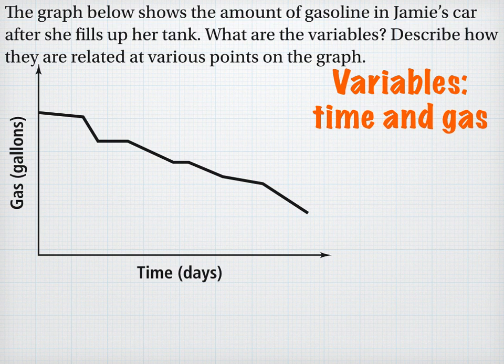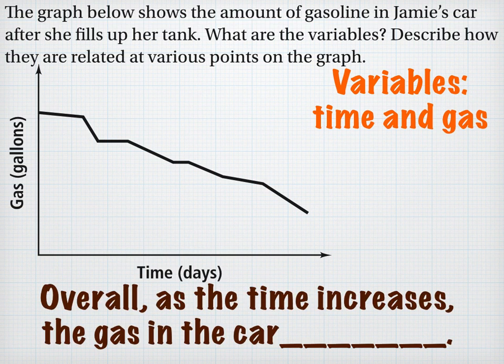So if you look at this graph, the overall trend, meaning if you just look not at the individual sections of this graph, but if you just look overall, as the time increases, the gas in the car is decreasing. So as you go from left to right on the horizontal axis, the time axis, you'll notice that the gallons of gas in the car is going down.